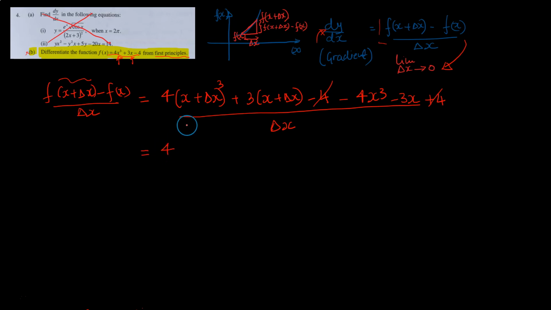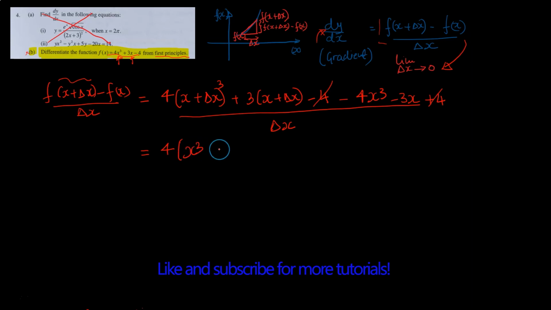And now we're going to expand. This is a triple bracket, basically. It's written like this. So what do you get when you expand a triple bracket? Well, you get x cubed plus 3x squared delta x plus 3x delta x squared plus delta x cubed.